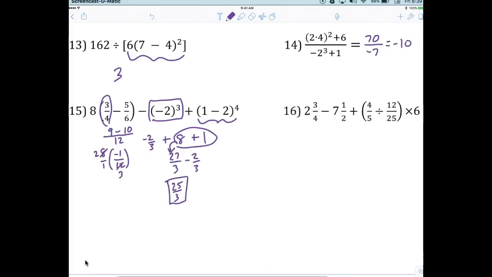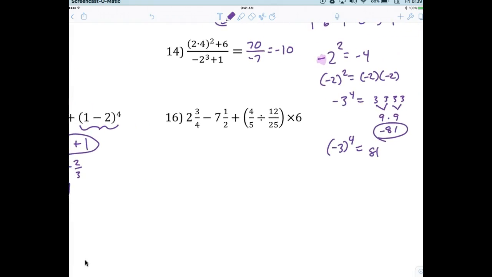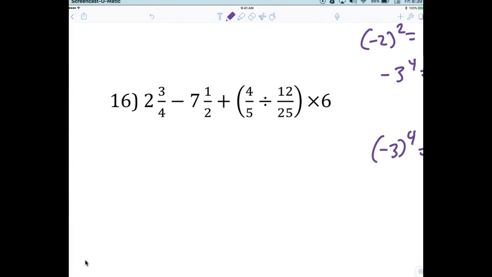Next, let's take a look at number 16. A lot going on here. And obviously, what we are doing is working with addition, subtraction, multiplication, and division. So this is a review of everything. Now, we got to work inside the parentheses first. So how do I handle division?